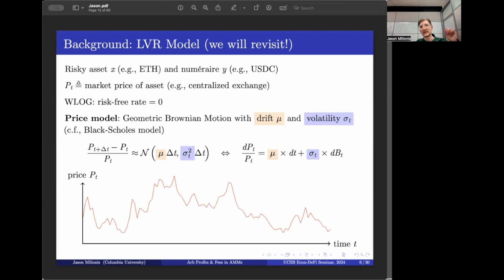So for those of you who might not be familiar with this model, the 1-minute explanation is that over small time horizons, so basically for a small delta t, the returns of the asset in this period are going to be normally distributed with a mean that's basically driven by a drift mu, and the standard deviation, which is driven by some volatility process, sigma_t. So for example, the price is going to look something like the curve that you see on the slide.